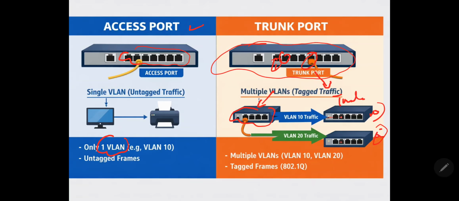It is commonly used to connect switch to switch, switch to router, switch to firewall. For example, traffic from VLAN 10 and 20 travels through the same cable, distinguished by VLAN tags.